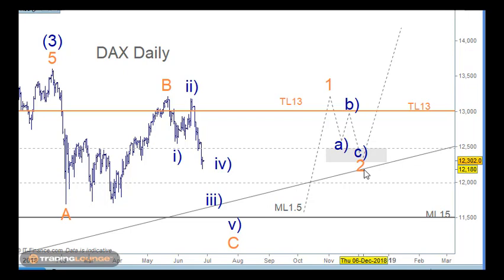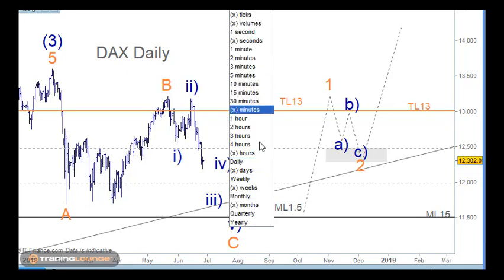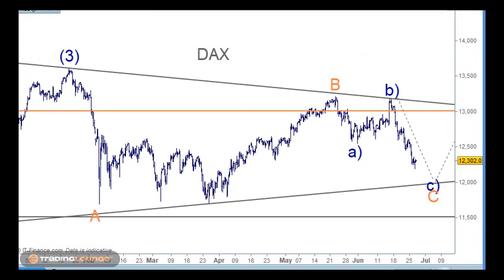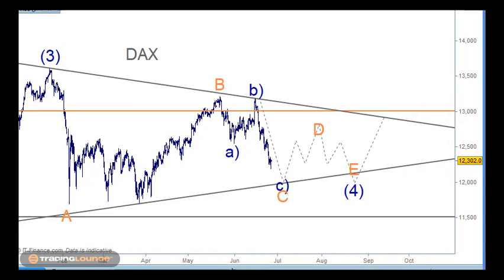But we also need now to bring in another count, unfortunately, and we'll just put it on the table and we can eliminate it later. And that's looking at a more complex wave 3 correction in a triangle, in terms of wave 3 here, an A wave here, a B wave here, an A and a B and a C wave here for wave C, up for D and down for E for wave 4, and then moving up from that point.